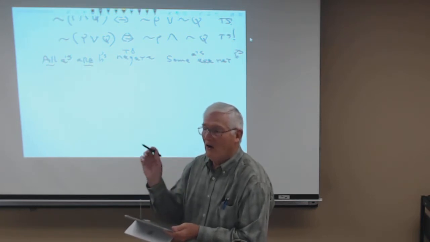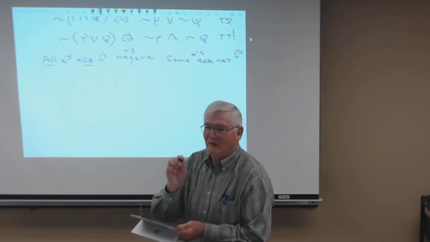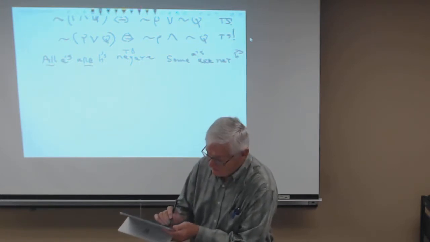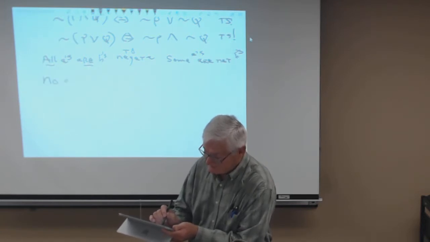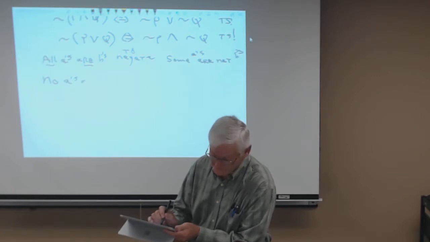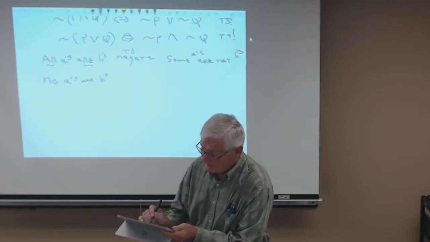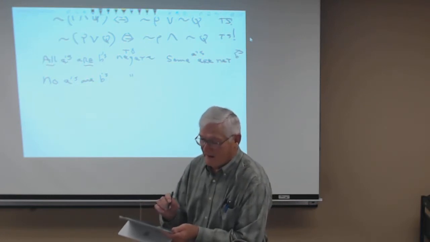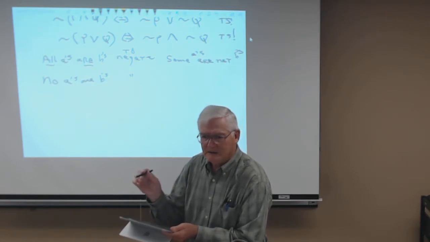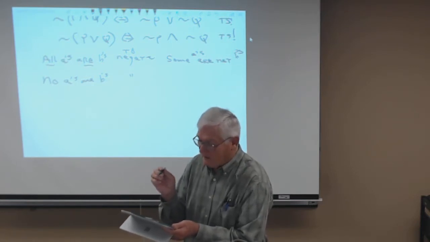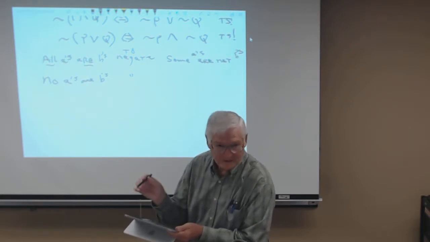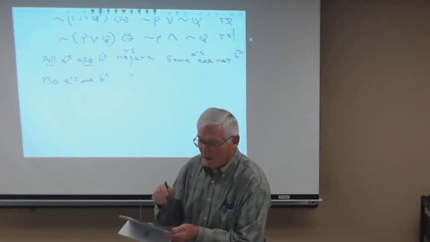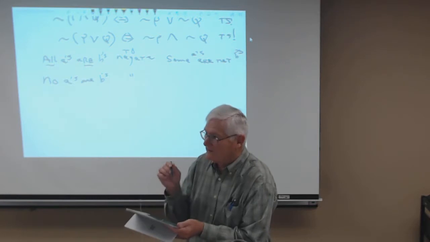So when someone says all are, if I can find one exception, then I've just negated your statement. And the second thing is no A's are B's. To negate that, if no A's are B's, would that be the same as saying all A's are not B's?